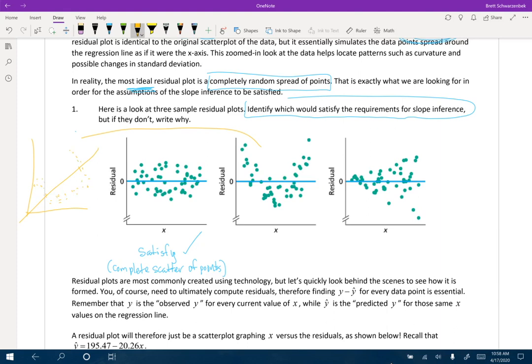Hopefully you understand that that is not good. So if we turn it this way, we get this graph, and then blown up, you can get a very clear showing of the pattern there, which means no, not satisfied. Why? Because of the curved pattern.